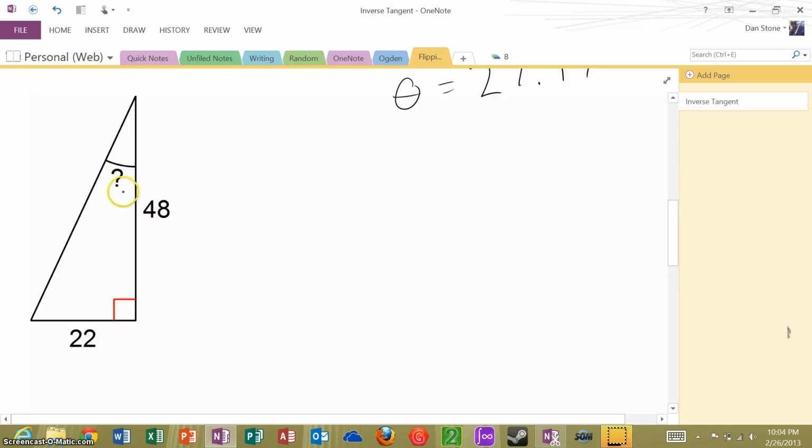Here we are. Let's tackle this guy. I'm going to take it slow. I'm going to let you do a lot of these steps here. Here's theta, okay? Let's set this up. We're going to have tangent of theta equals what? It equals our opposite, which is 22, over our adjacent, 48.